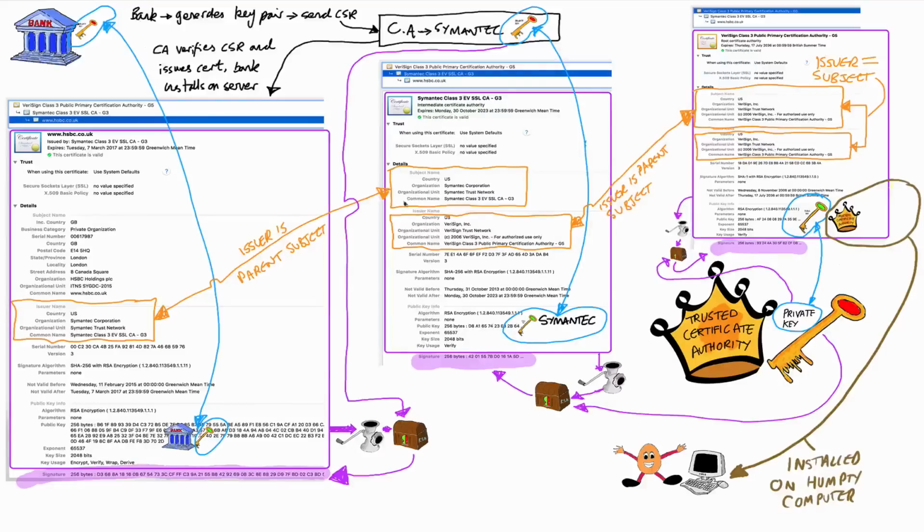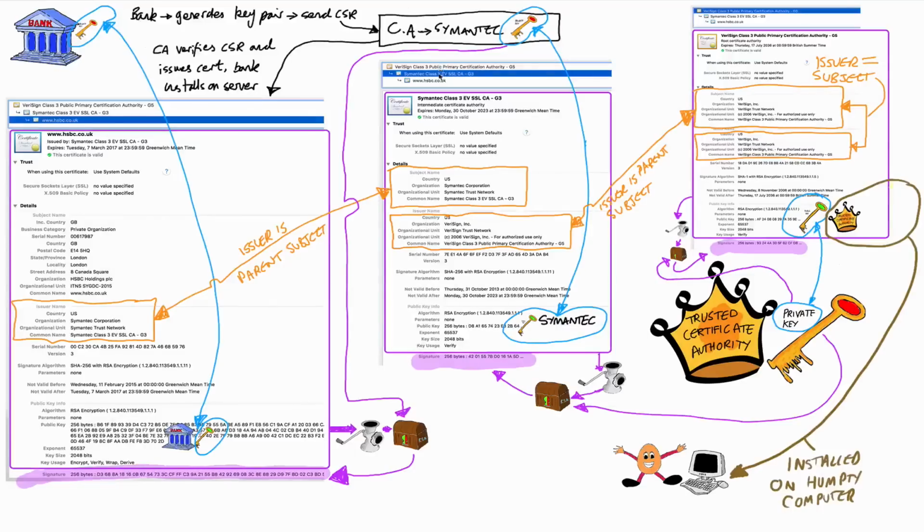So that's how we know that this one is a parent of this one. In turn, the issuer of Symantec's SSL certificate was somebody else, because Symantec themselves are not deemed super trustworthy enough to be hard-coded into all these browsers like the trusted certificate authorities are.